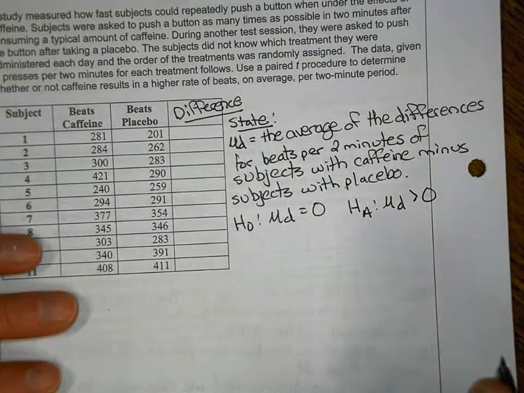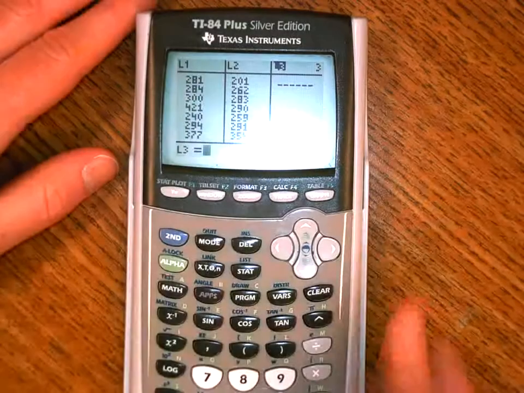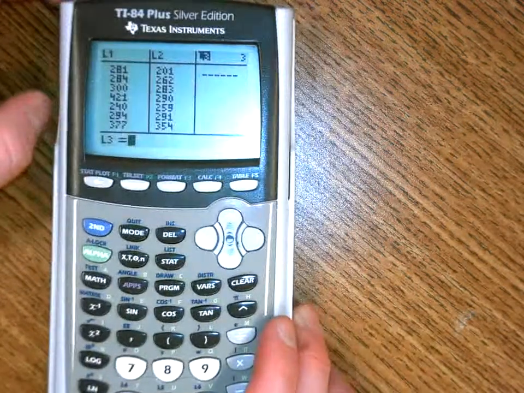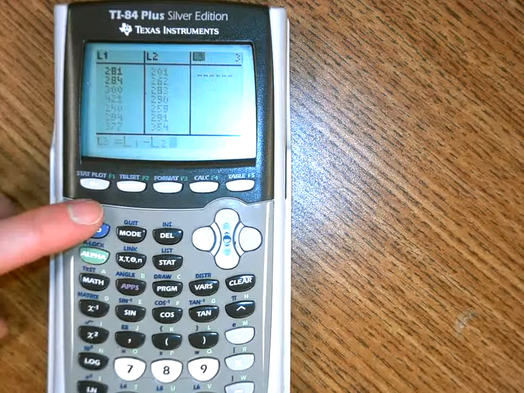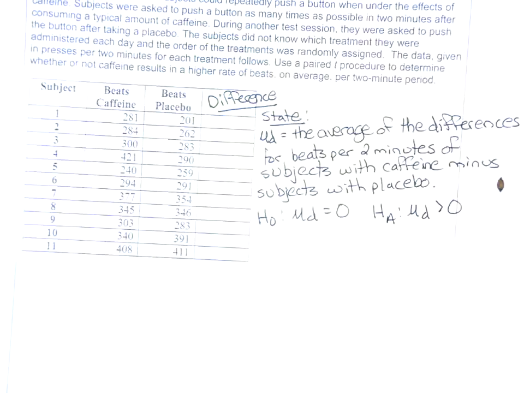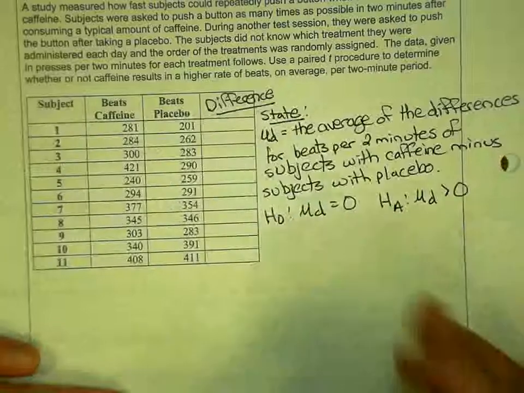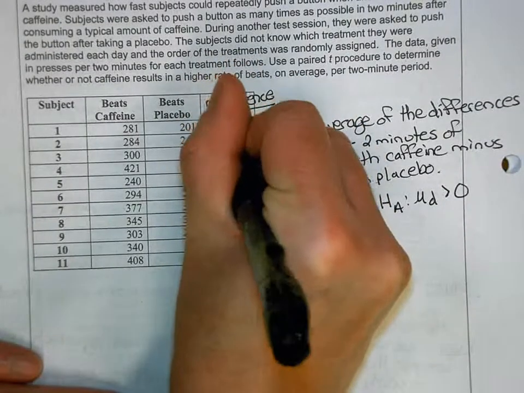Now that I've got that figured out, I'm going to go back and look at my L3, and I want to do L1, the caffeine, minus L2, the placebo. So I'm going to do L1 minus L2, and it gives them to me. So I can just copy down that list on my paper so that everyone looking at my paper can tell what I did.